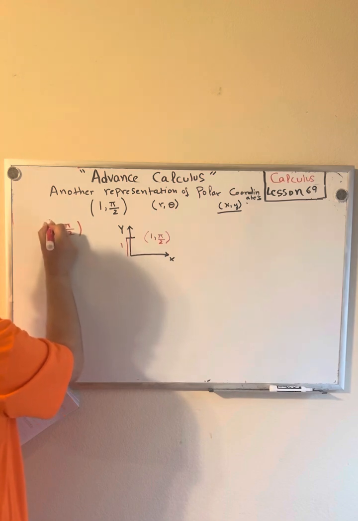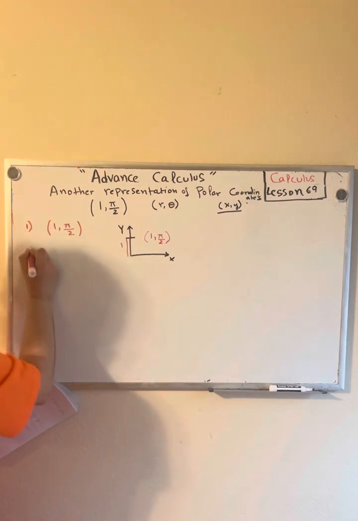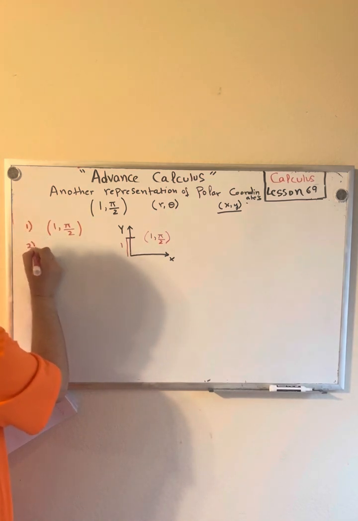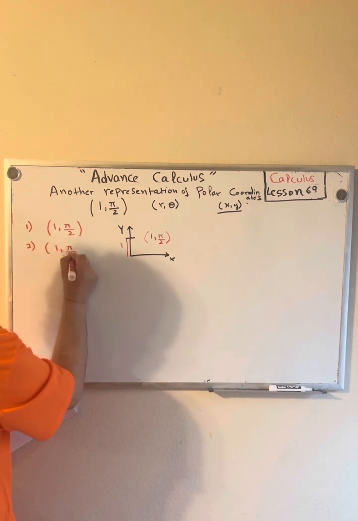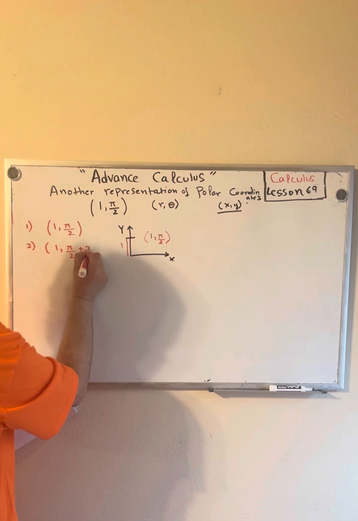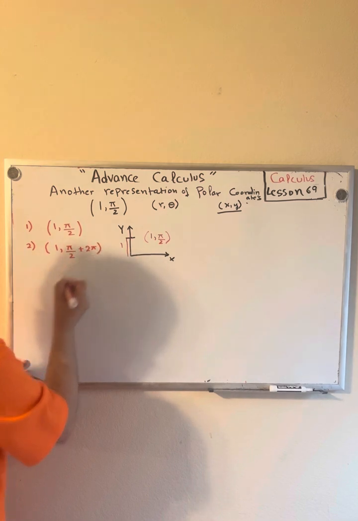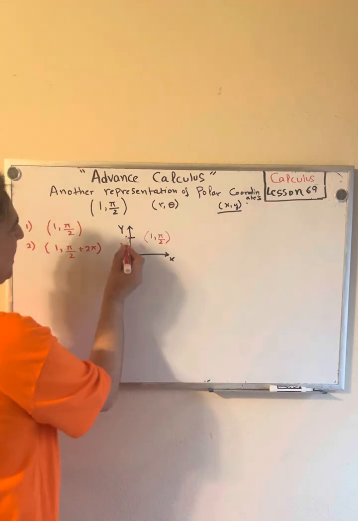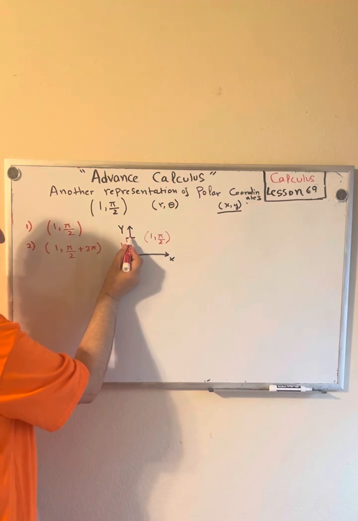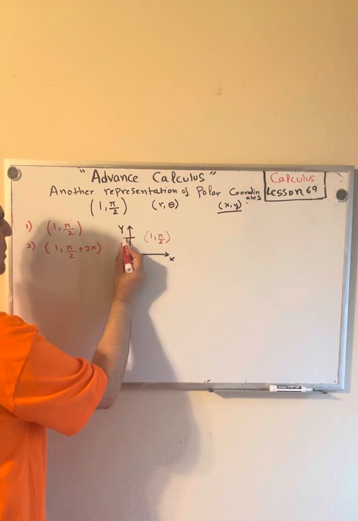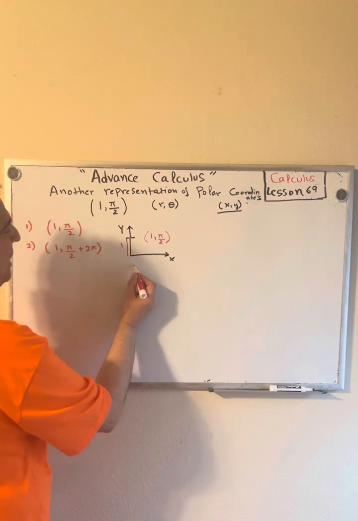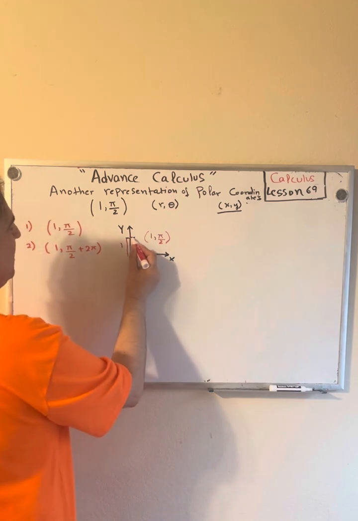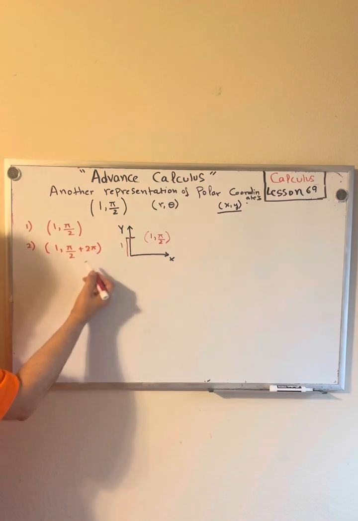This is representation number 1. Representation number 2 would be 1, pi over 2 plus 2 pi. I'm not really changing the point, right? This is my point. I'm just saying, let me go around this way and then come back right here. So that's adding 2 pi, all right?